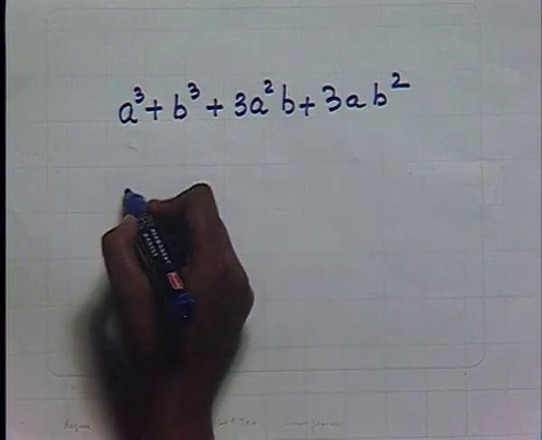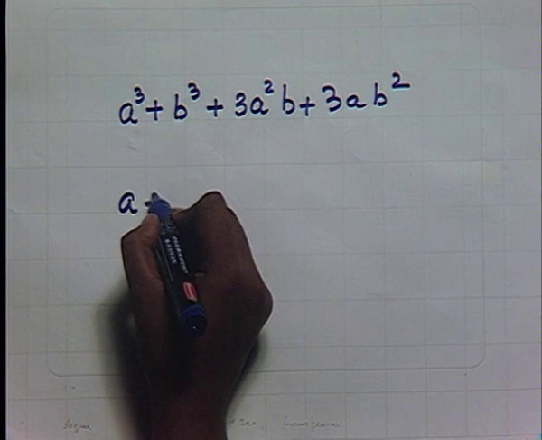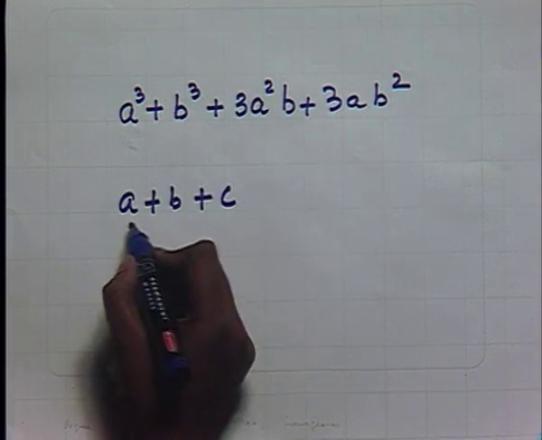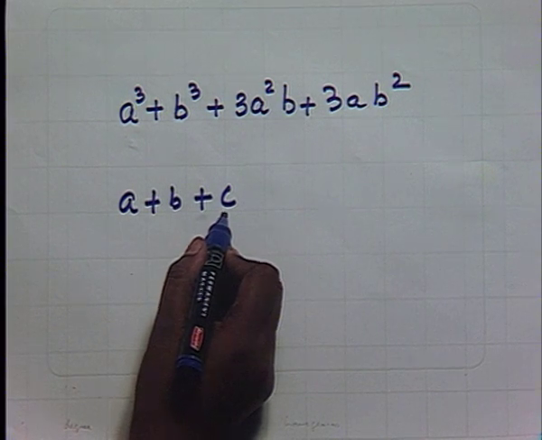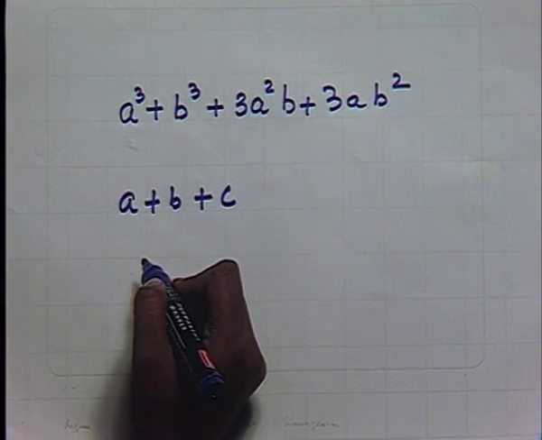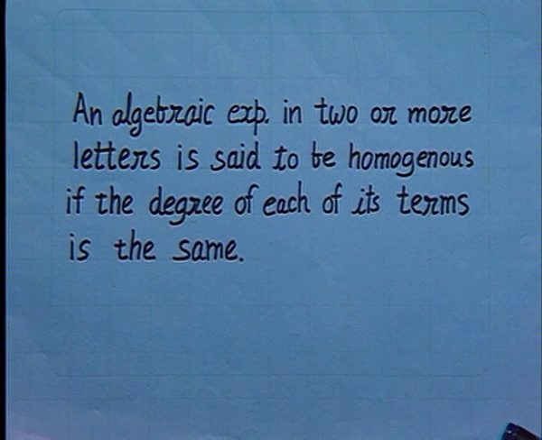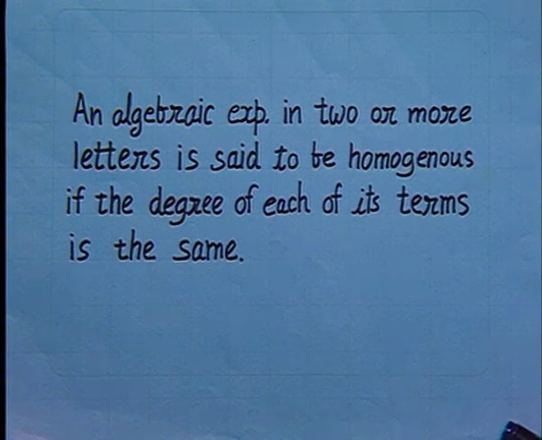Similarly, in the expression a plus b plus c, the degree of each term is 1. Such expressions are called homogeneous expressions. An algebraic expression in 2 or more letters is said to be homogeneous if the degree of each of its terms is the same.